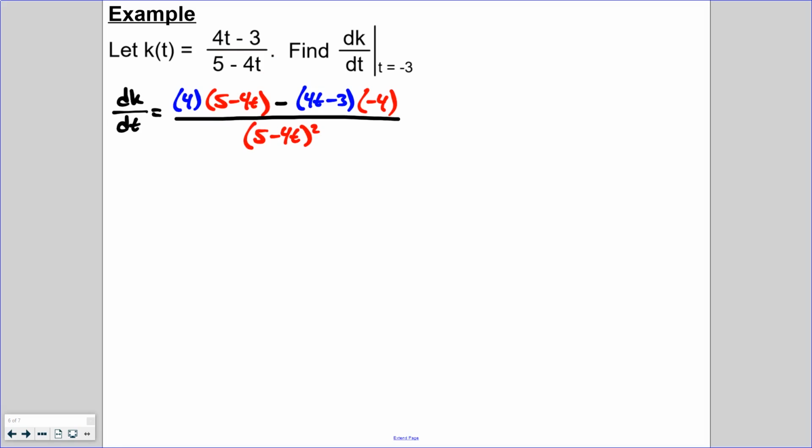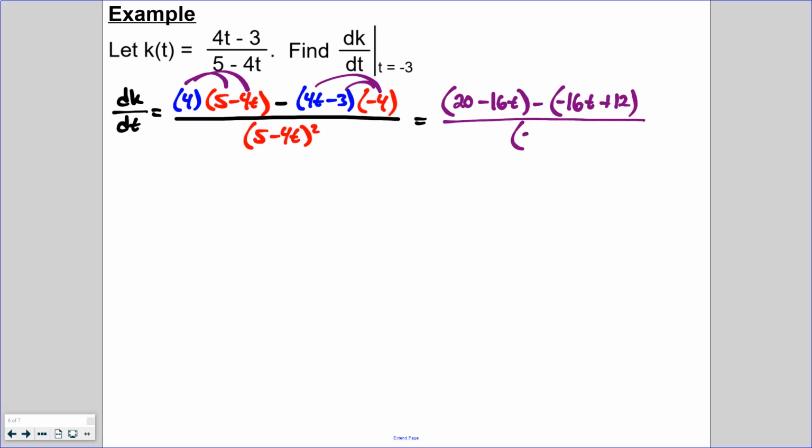All right, so now we can continue to simplify, so we'll distribute. Again, we're going to leave the denominator alone because it's already in factored form. So the numerator is going to be 20 minus 16t minus negative 16t plus 12, and that's all over 5 minus 4t quantity squared.